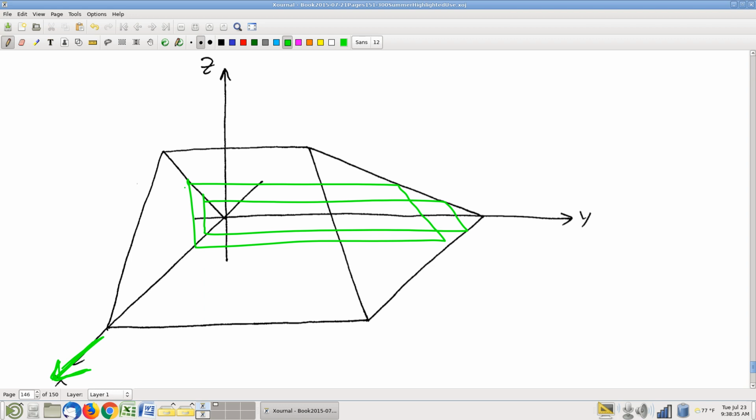Not for the first few that I drew, but you'll notice that for larger values of x, the slices are importantly different.